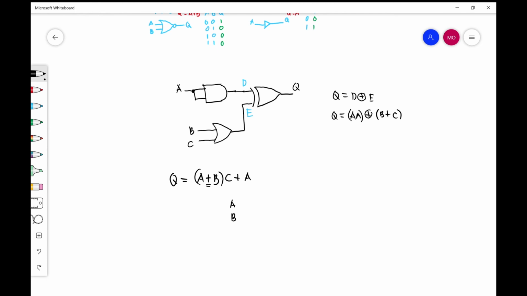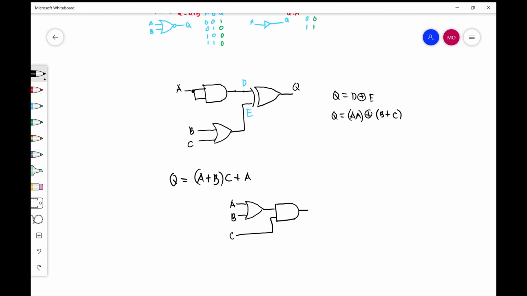And since this is addition, we'll use an OR gate. Okay. And the output of which is being multiplied with C. So you have here a multiplication. So that quantity is multiplied. So we'll use an AND gate. And let's label this C.